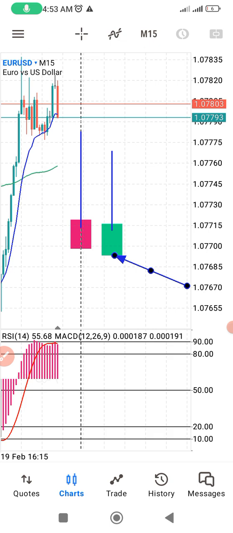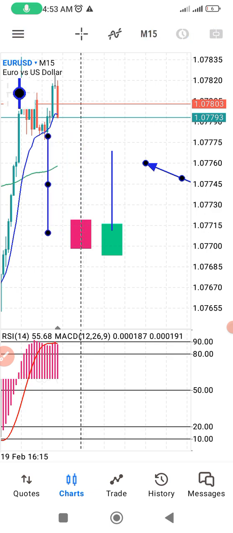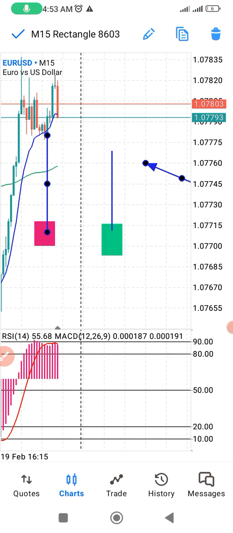That is one. The second type of candle we are looking at for our entry is the engulfing candlestick pattern.